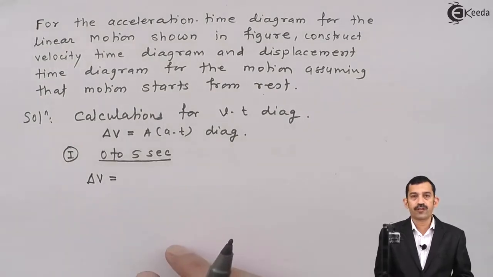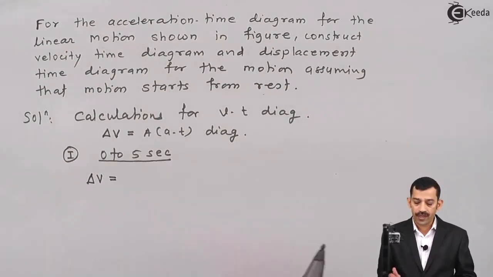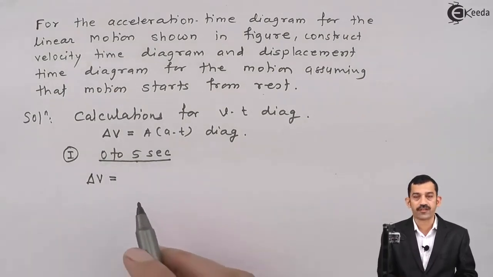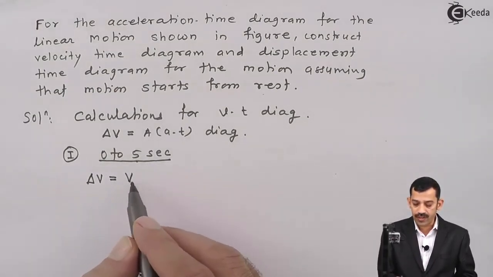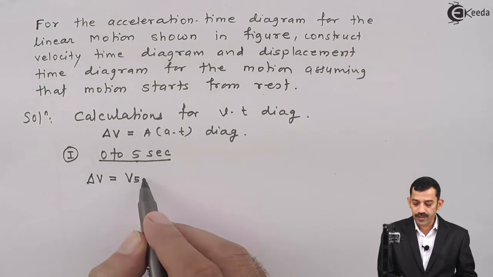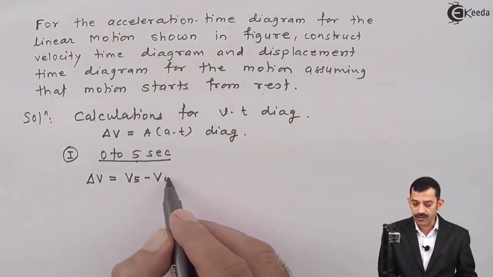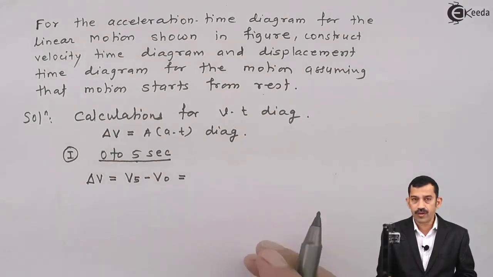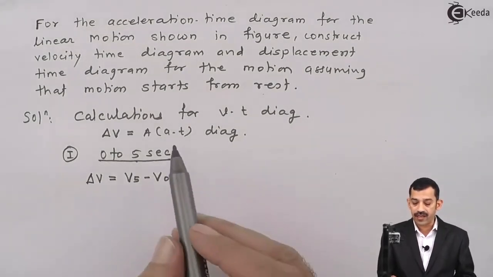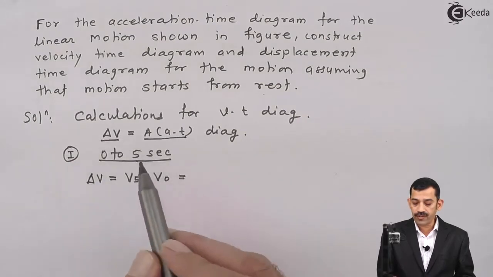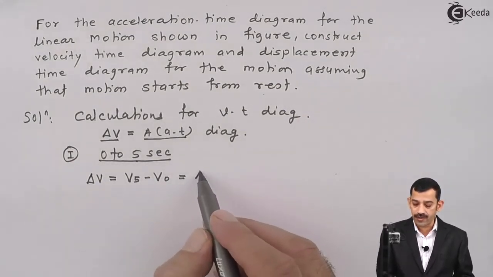which is always final minus initial. Final means at 5 seconds, initial means at 0 seconds. Therefore we write V5, the velocity at 5 seconds, minus V0, the velocity at 0 seconds, equal to the area under the AT diagram from 0 to 5 seconds, which is area A1.